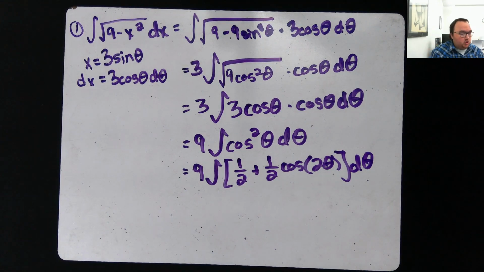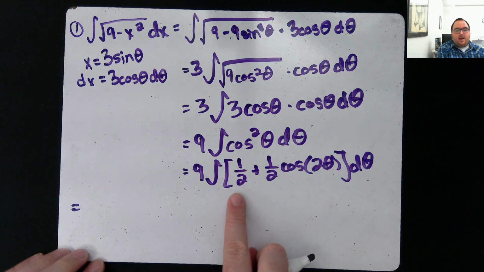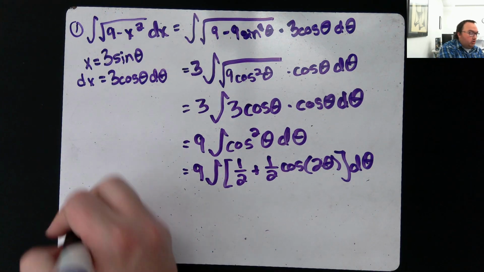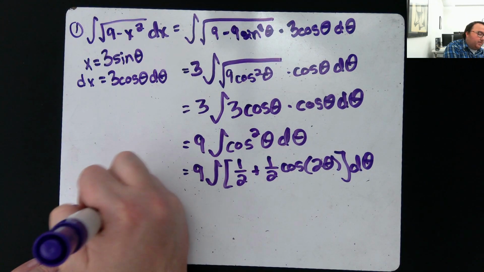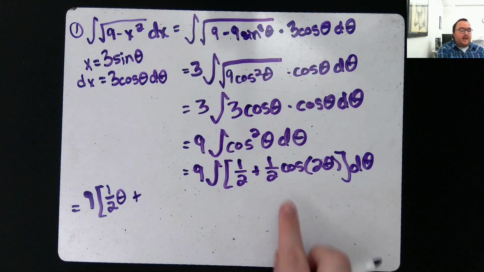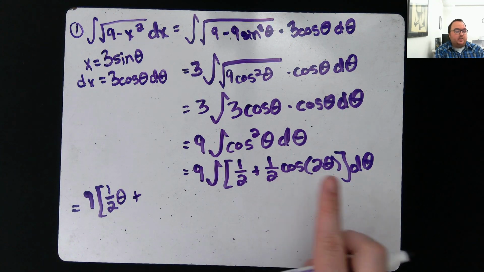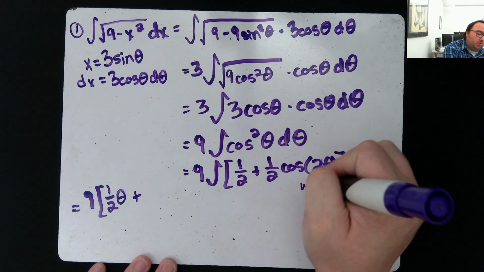Take the antiderivative of that, with the 1/2, that is just a constant. So this would be 1/2 theta plus the antiderivative of cosine 2 theta, which is 1/2 sine 2 theta, because I would let u be equal to 2 theta.